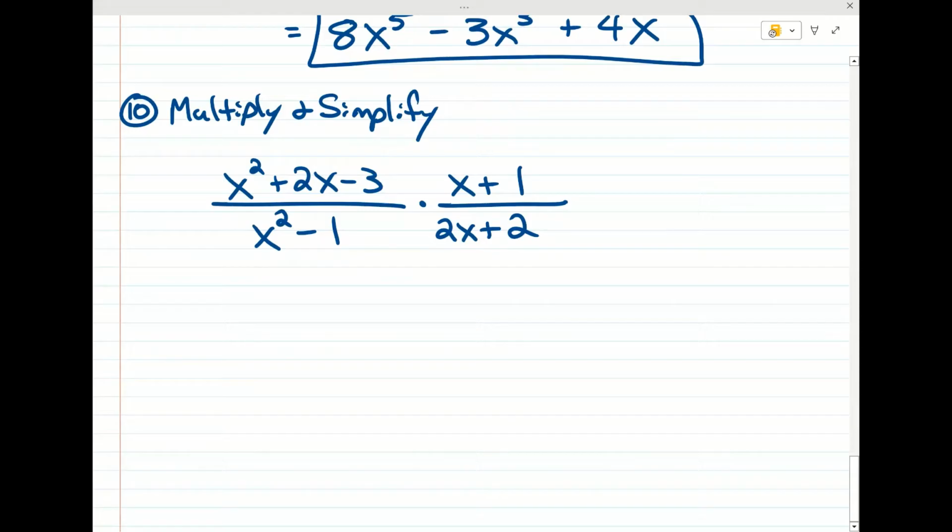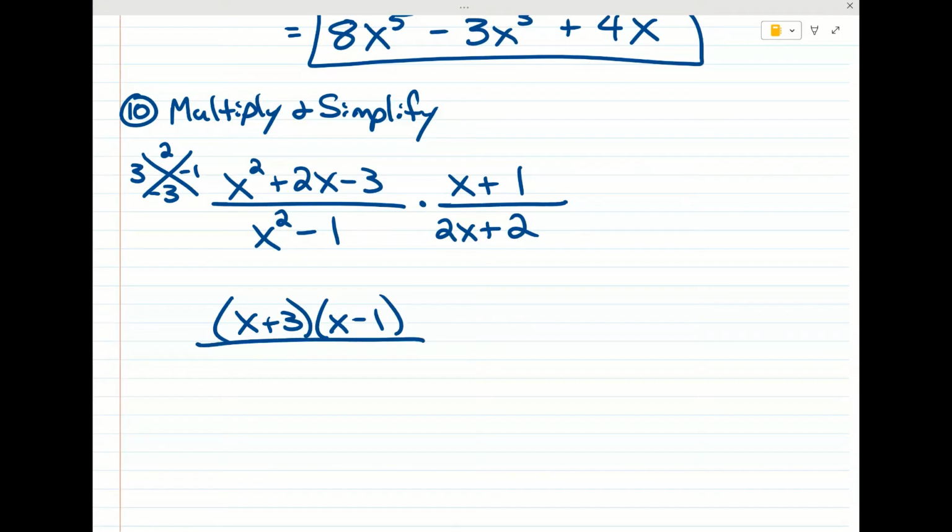The way you would do this is you have to factor. So this trinomial here, we could look for numbers that multiply to be -3 and add up to be 2, like 3 and -1. So I'm just going to skip a step here. We've done a lot of factoring work, so we don't have to do it every single step for this problem. It's just x plus 3 times x minus 1.